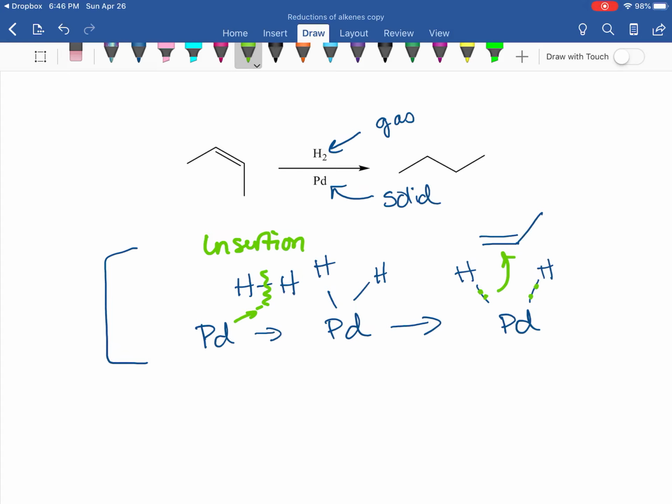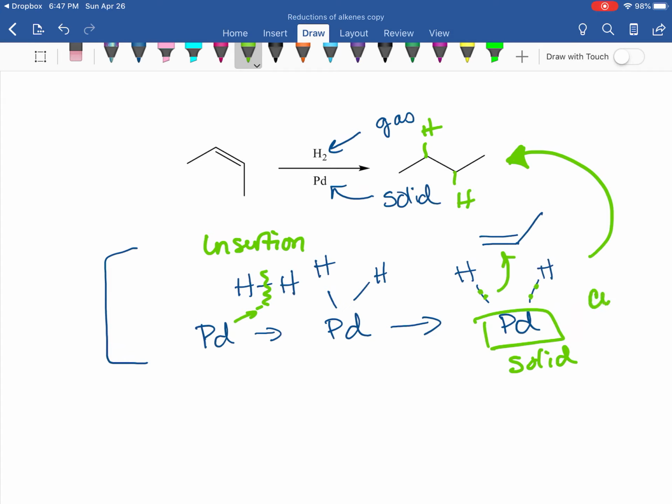So again, I'm not going to draw it because remember our organometallics, they work in a cycle. So you have an insertion, we may have another insertion of our alkene onto palladium, and then we can do a reductive elimination or some type of elimination, and palladium is going to spit out that alkane with the hydrogens now attached to that alkane.